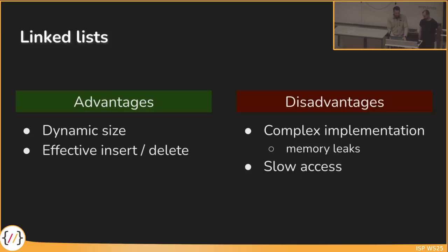Also, it's very effective if we often insert or delete items, as compared, for example, to arrays. But there are also disadvantages, because if you compare the implementation that we've just shown to, for example, arrays, the access is a bit slower, because if we want to have one song at a specific number in our playlist, we have to iterate through the whole playlist.